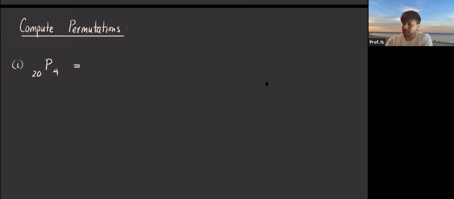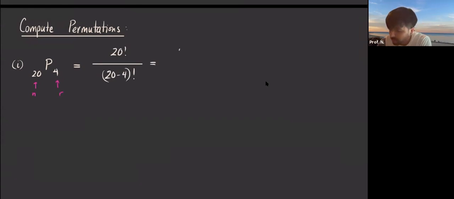And then using the formula, this is n, this is r. And using the formula, we have 20 factorial over 20 minus 4 factorial. So I'm simply using the formula. 20 minus 4 is 16 factorial. But then what do we know?